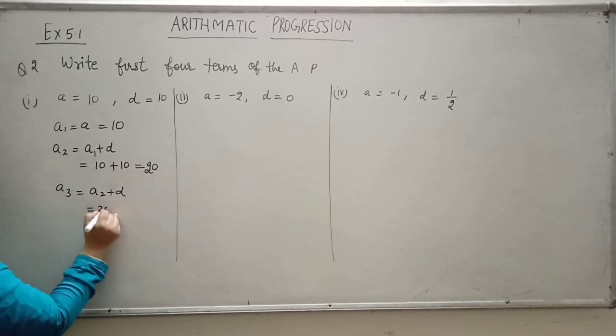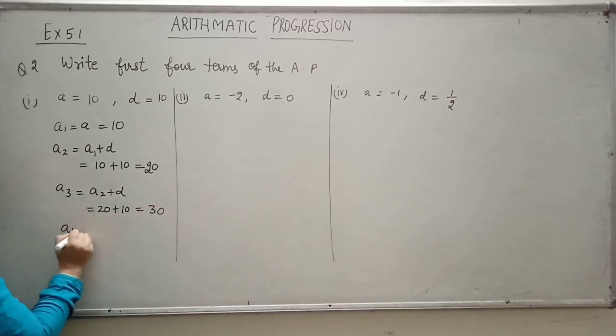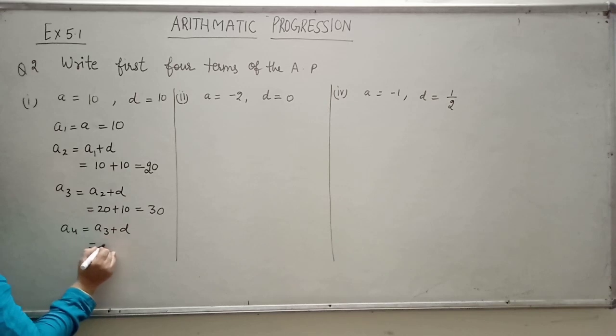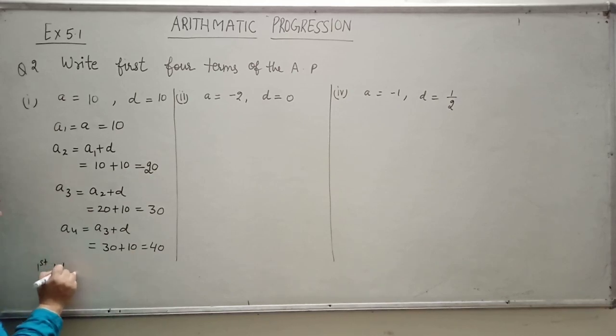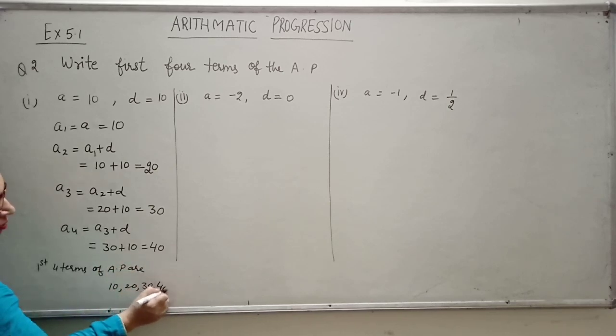That is 20, plus D is 10. This is 30. Now A4 is A3 plus D. What is A3? A3 is 30 plus D, that is 10. So this is 40. So the first four terms of the AP are 10, 20, 30 and 40.